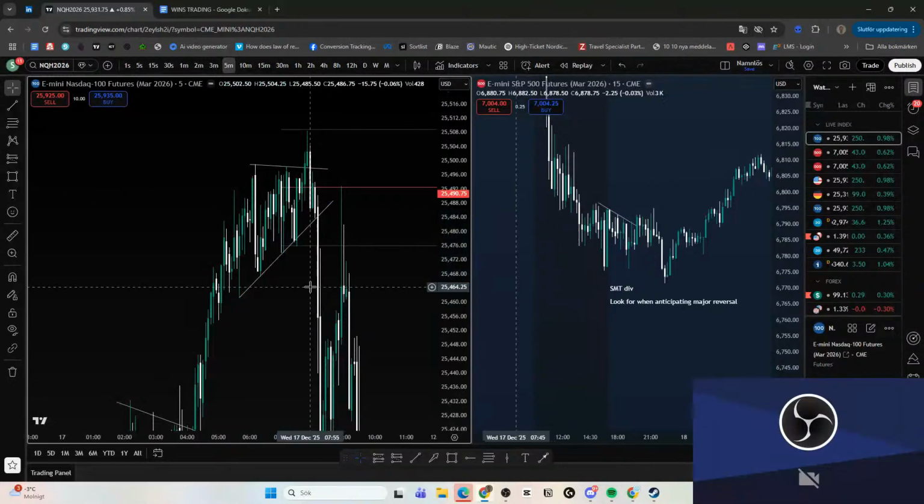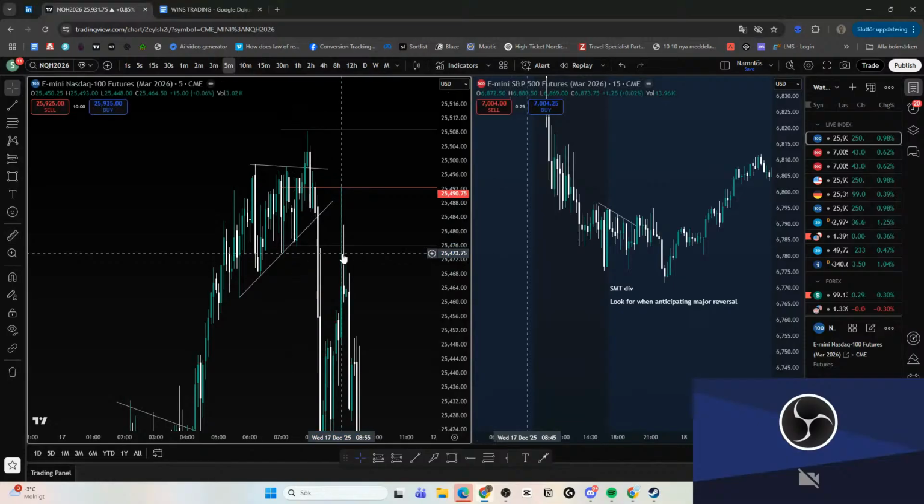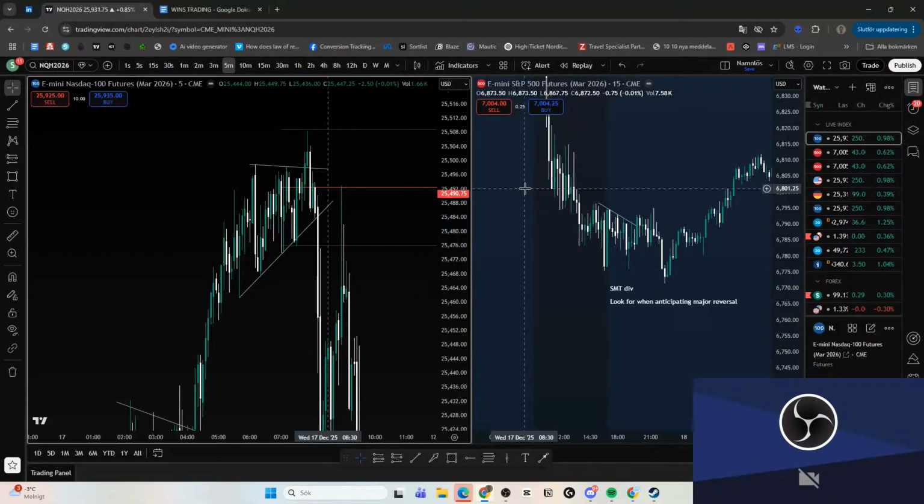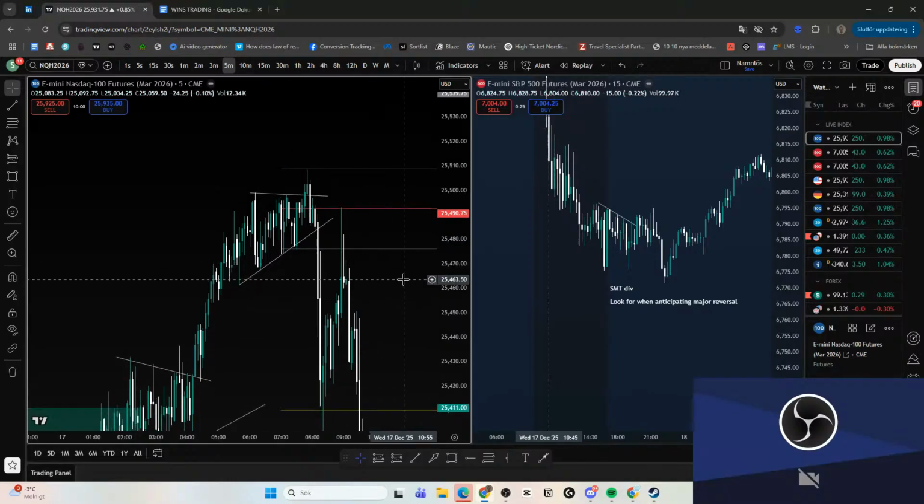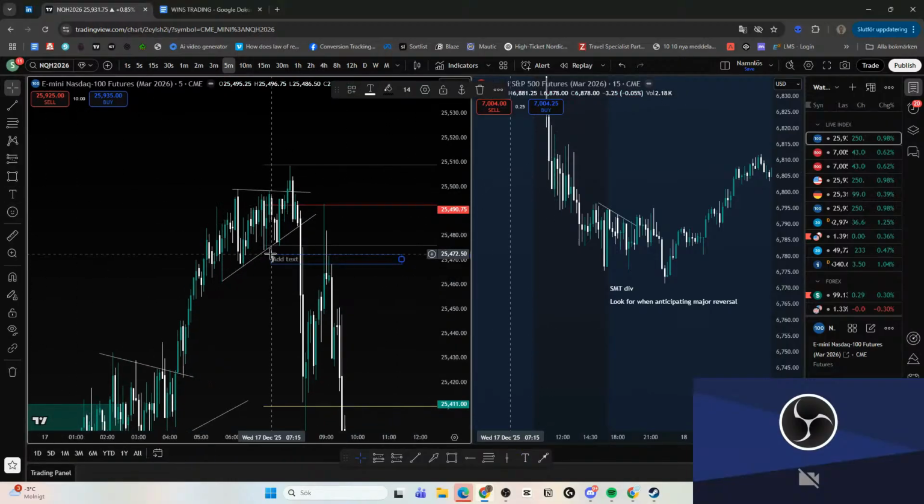I always think the break is stronger if we also take out a low. Do we count this? Banks does. Trendline sweep is enough, but I would not call it A plus then.